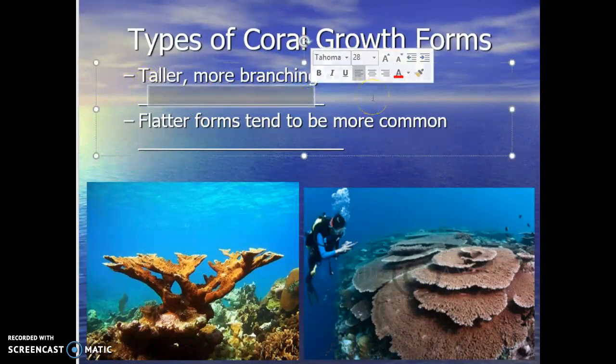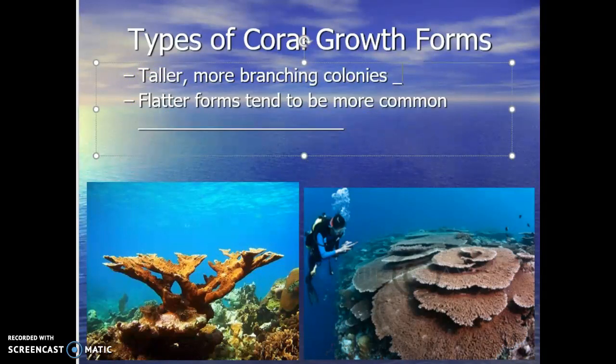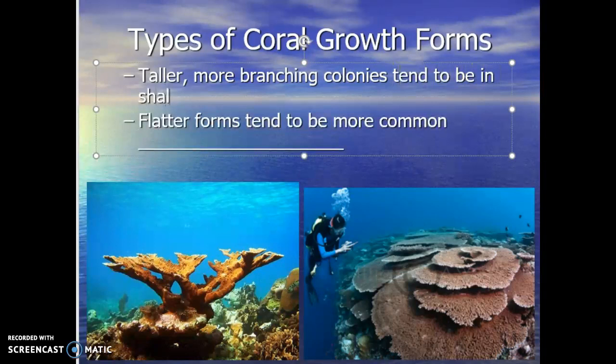What we tend to see, not a guaranteed rule, but a general rule, the taller, more branching colonies tend to be in shallow waters. Okay, because if you're in shallow water, I want to shoot up, I want to get tall, and I want to outcompete everybody around me.